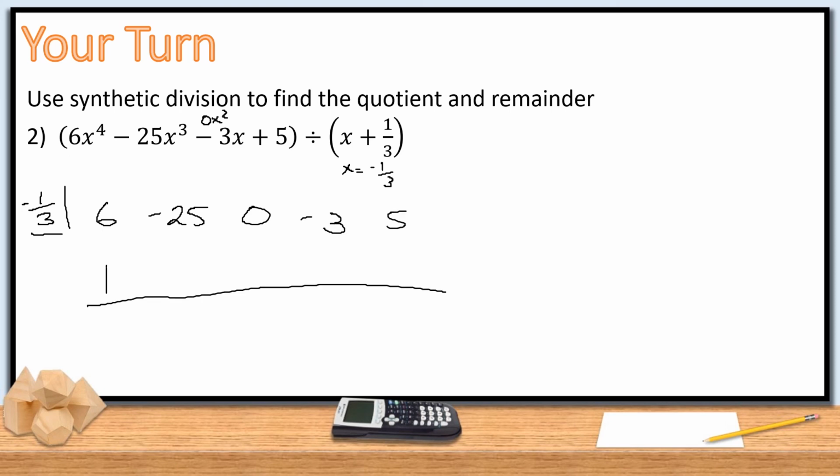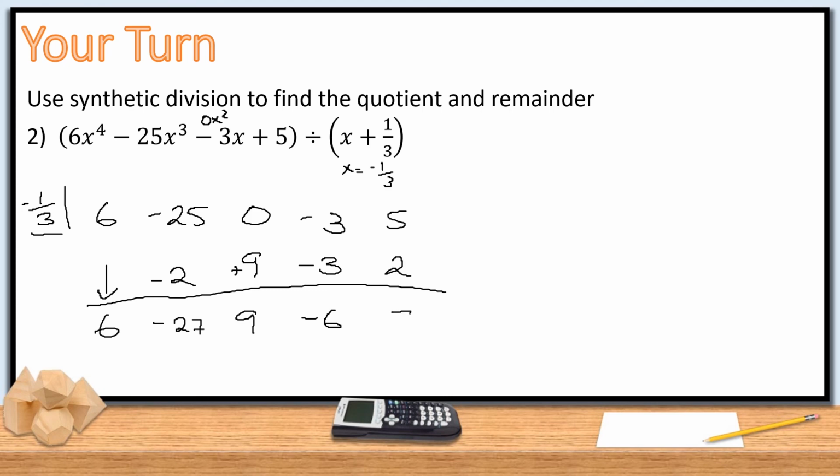And then 6 comes straight down. 6 times negative a third is minus 2. Minus 25 minus 2 is minus 27. Minus 27 times minus a third is positive 9. 9 times negative a third is minus 3. Minus 3 minus another 3 is minus 6. Minus 6 times negative a third is positive 2.